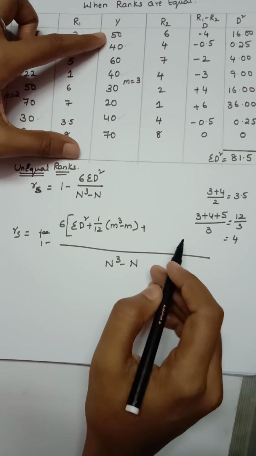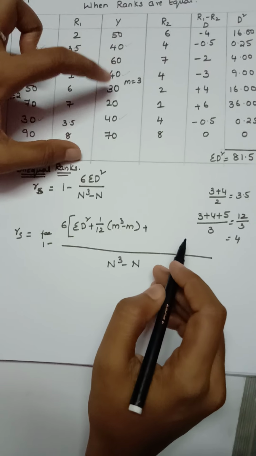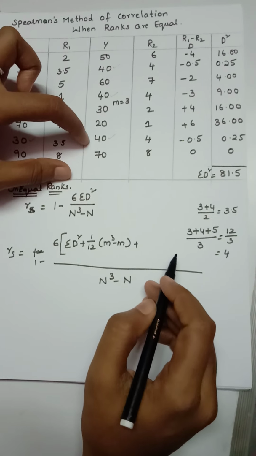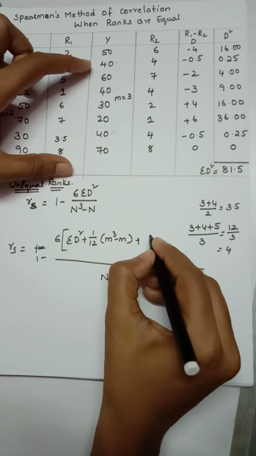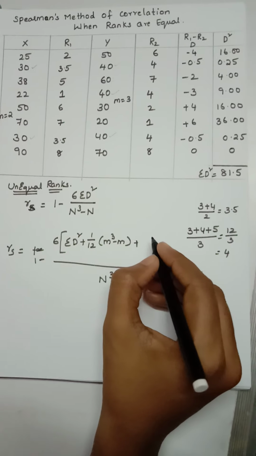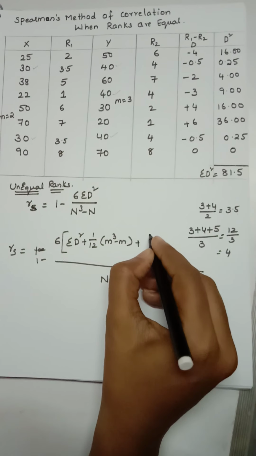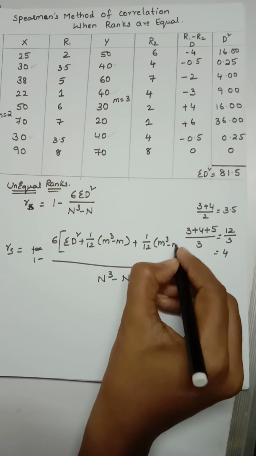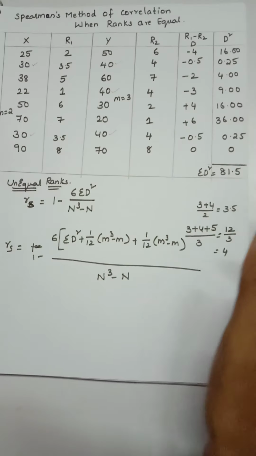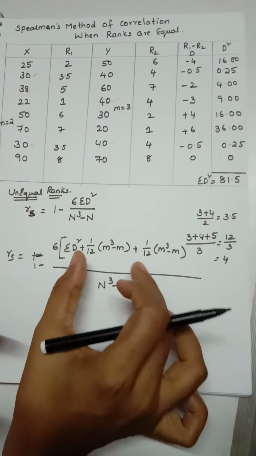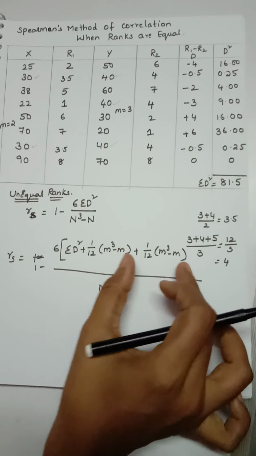Next, coming to the y variable, again only one number is repeating, 3 times. So here again we need to write one set only, 1 by 12, m cube minus m. Like this, for however many numbers are repeating, that many sets you have to write.